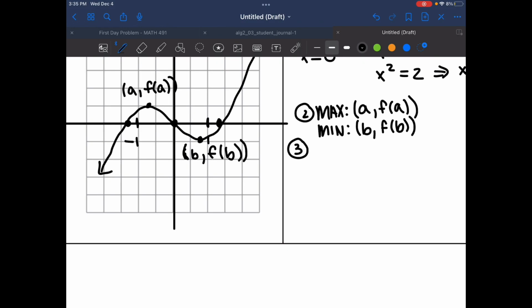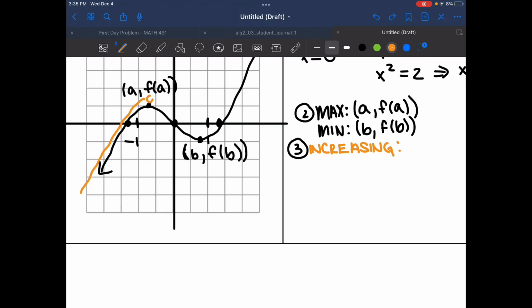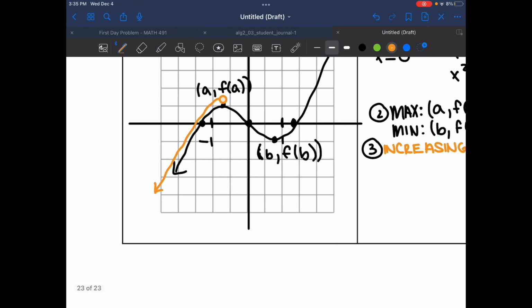3 is I want to find increasing, decreasing intervals. Well, I know that I'm increasing on this interval from here to here. And use an open circle to represent that, okay? It's a calculus issue though, if we want to use closed brackets, but I'm going to use open brackets.